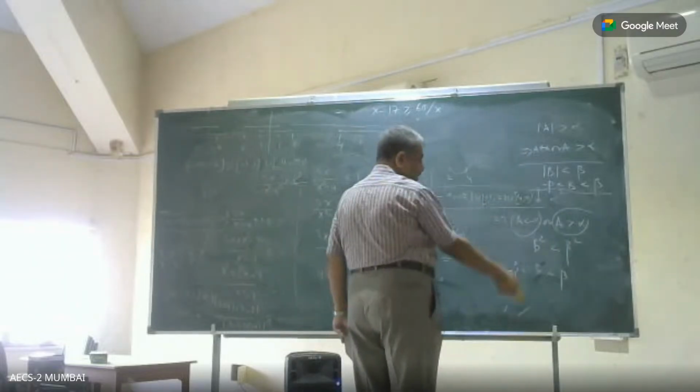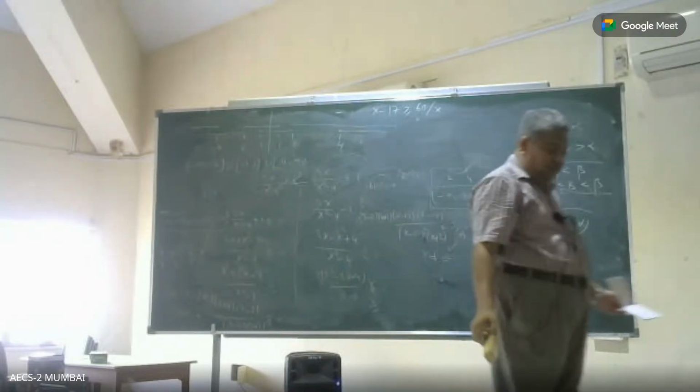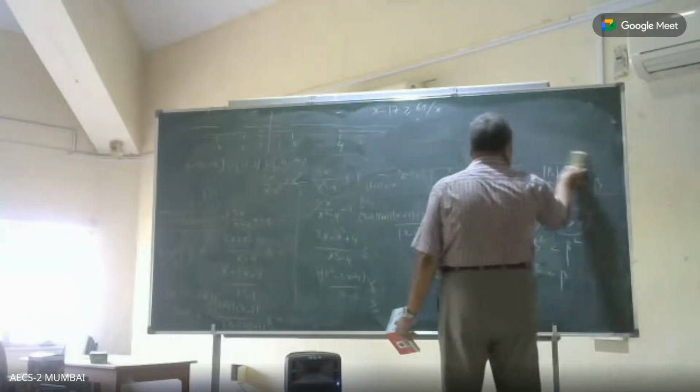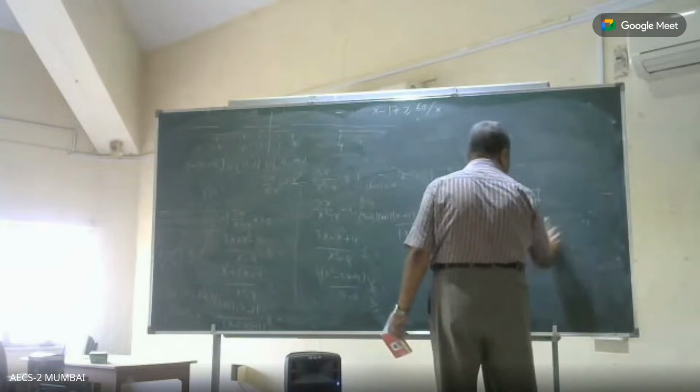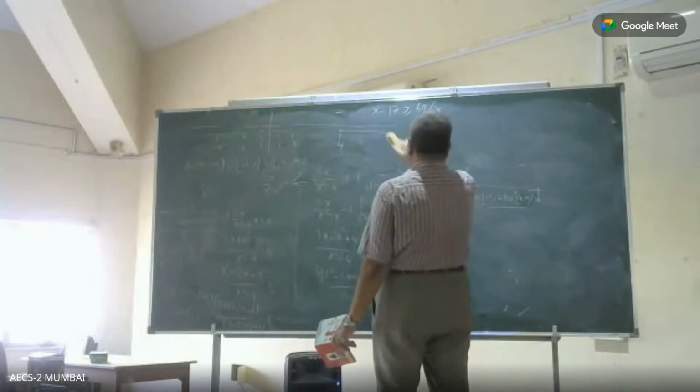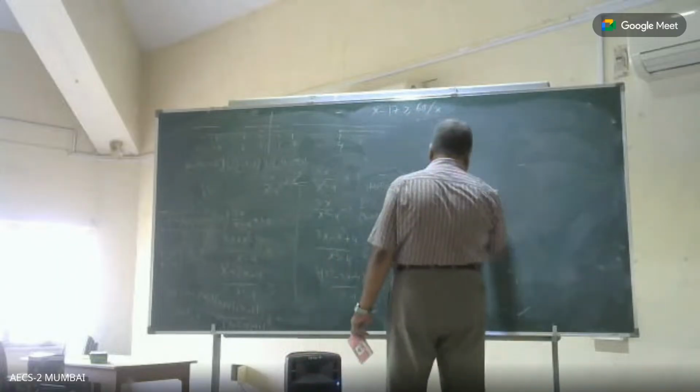Yeah, I hope you have noted down this. You have understood? Very good. You have not understood? You will note down, and one day you will understand. Yeah, so this is the question.